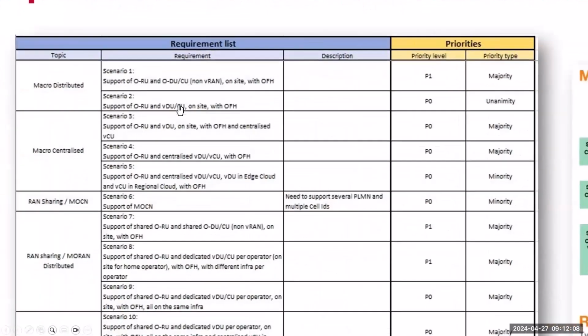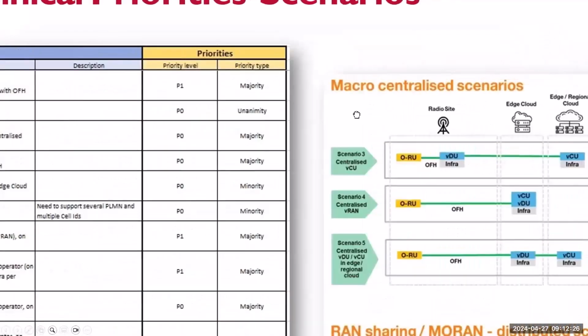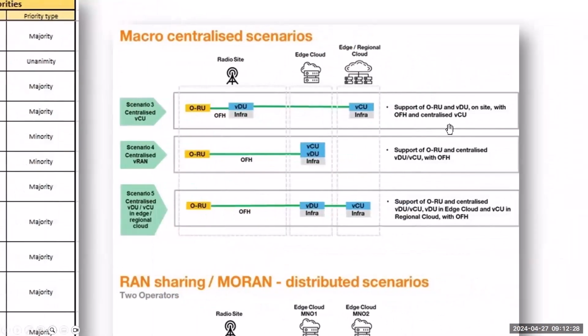So they have two scenarios. Support the ORU or ODU, okay, on a non-vRAN, and this is on-site and with open fronthaul. And then on scenario two, the ORU and the VDU, the DU and the CU are virtualized.